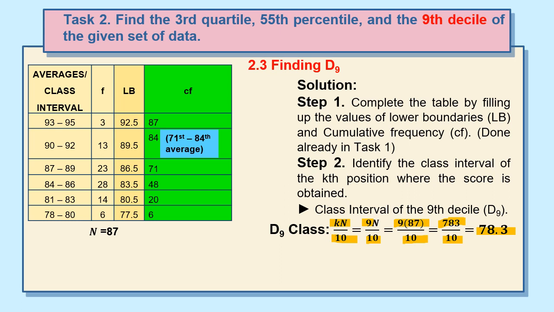Okay, now note that the 71st to 84th average belongs to the class interval 90 to 92. The 78.3rd is in between the 71st to 84th average. Therefore, our 9th decile class belongs to this interval, the 90 to 92 class interval.